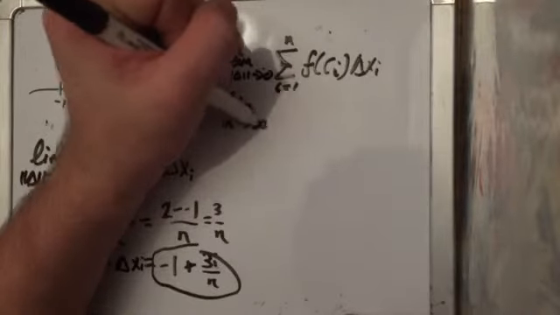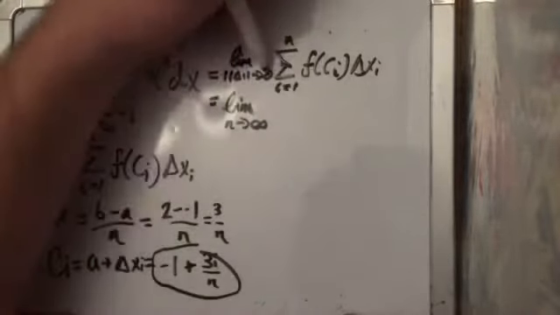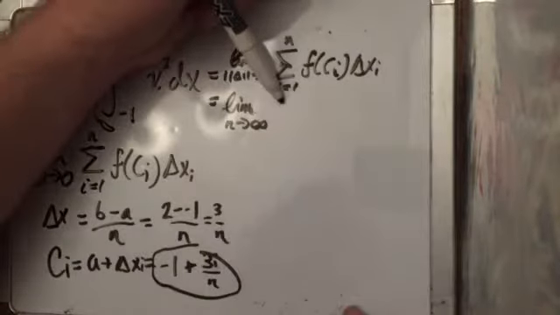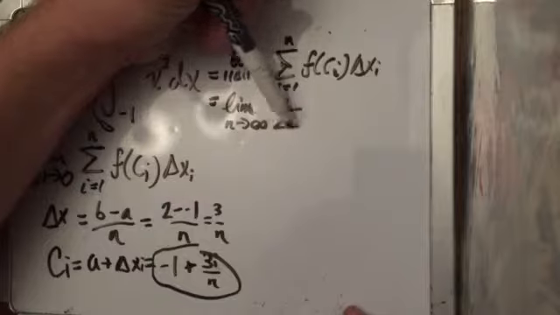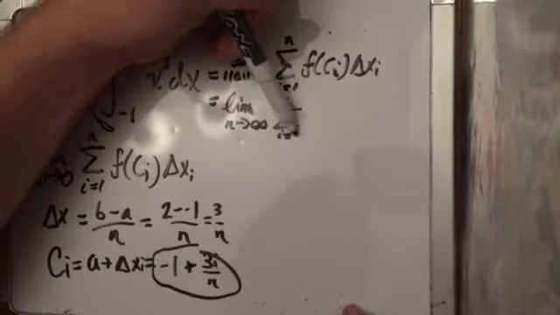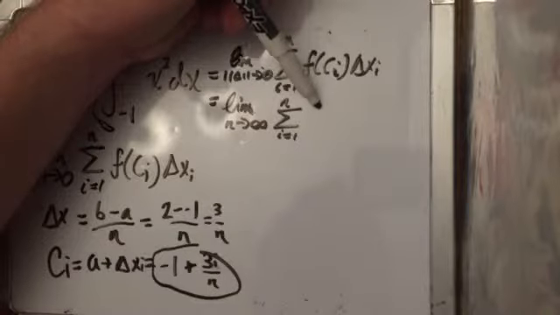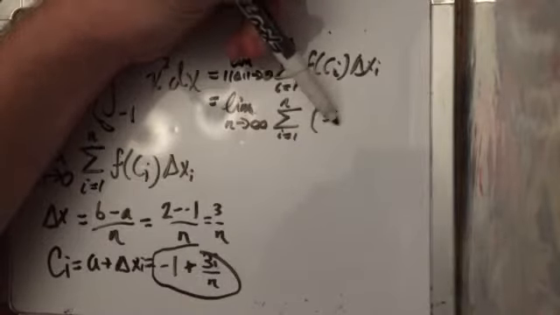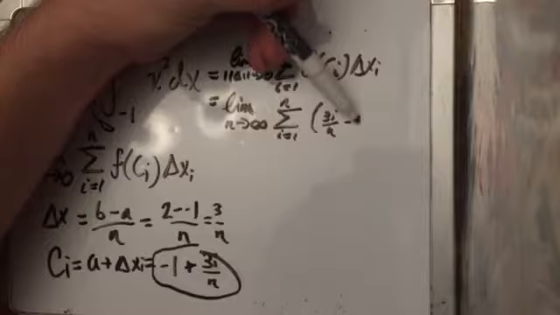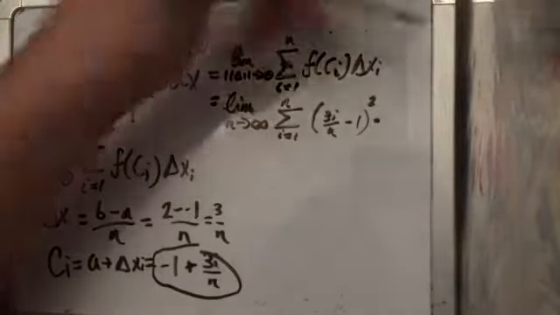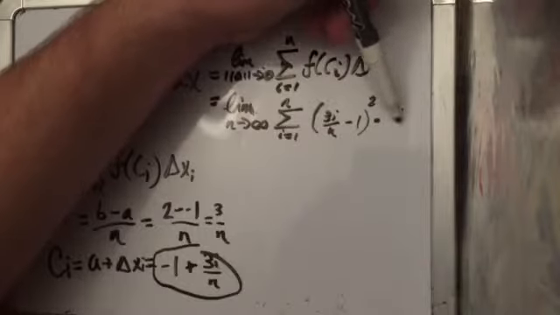So we don't know what n is. The sum from i equals 1 to n of 3i over n minus 1 squared times our change in x, which is 3 over n.